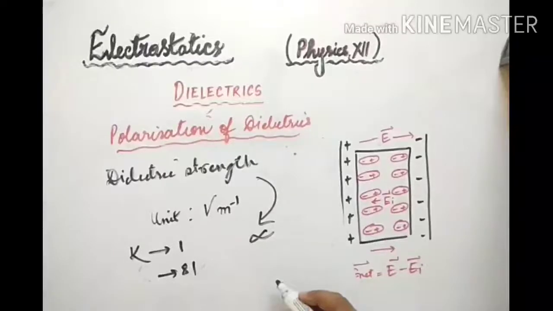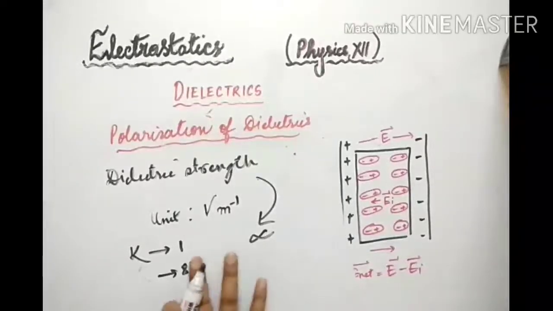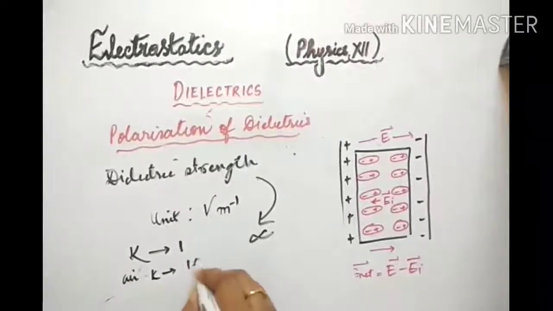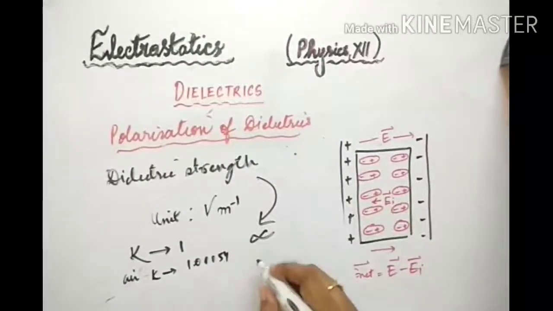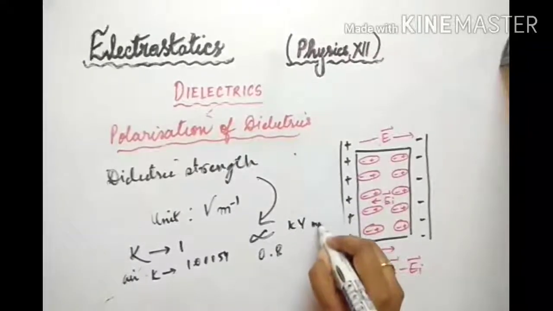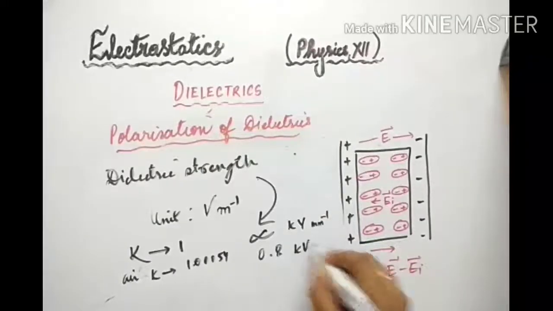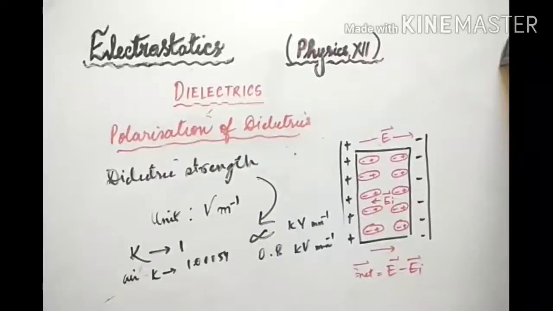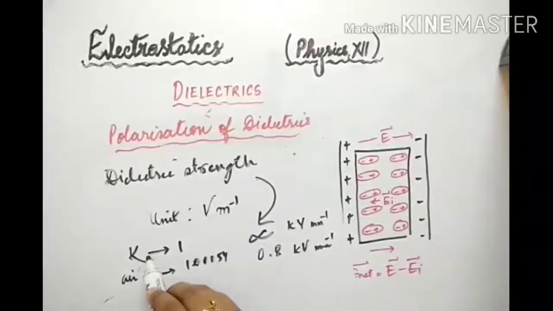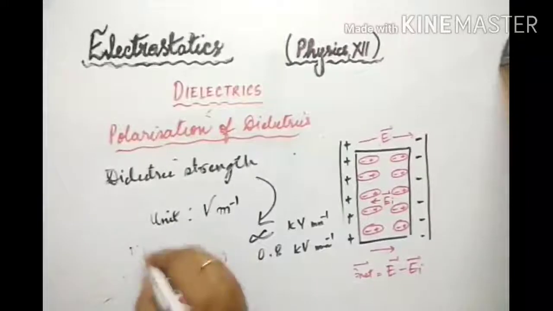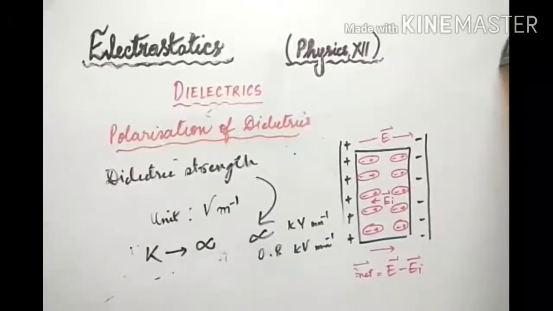For air, K is 1.00054 and its dielectric strength is 0.8 kV per millimeter. So always remember this value: the dielectric constant for a conductor is infinity.